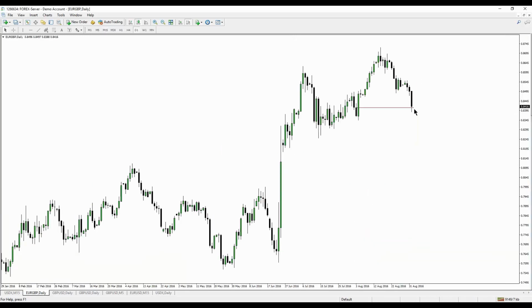Now cable is already moved. That's what allowed this move to drop down into the order block right in here, the down candle for this big move. Because that down move was the last time we saw price there before it rallied up, when it gets down to that level again, there's going to be sensitivity to that same level. So we can expect to be a buyer of euro, no longer a buyer of cable, with a great deal of expectancy in terms of the magnitude of the move.